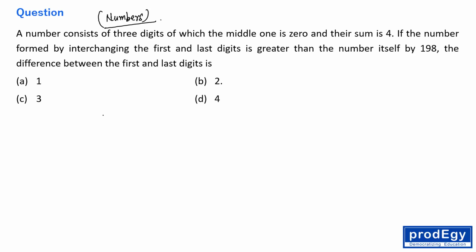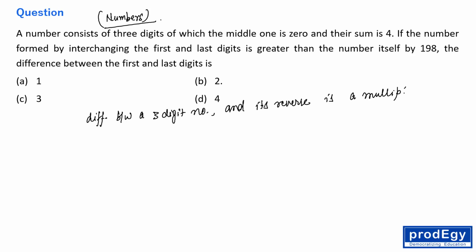So I'm writing the property: the difference between a 3-digit number and its reverse is a multiple of 99, and equals 99 mod x minus z if the number is xyz.